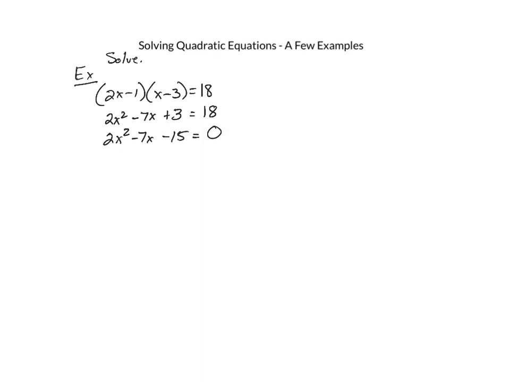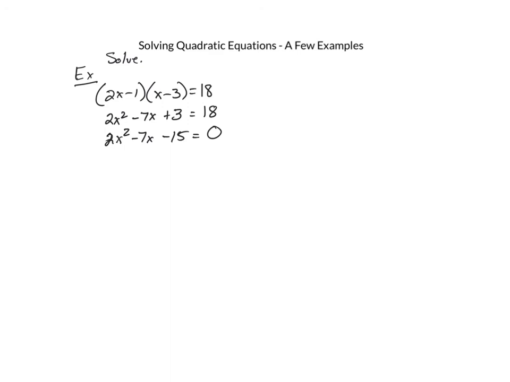I will tell you that frequently I have people just ignore factoring as a strategy and grab the quadratic formula, especially when they see a coefficient of 2 up here. But don't let that stop you. You want to be good at factoring. You want to practice factoring, especially when the numbers are friendly, as they are in this case.